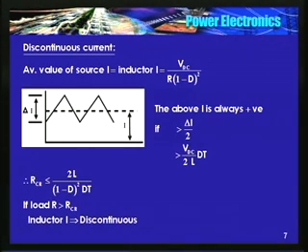Now I substitute and I'll get the critical value of the load resistance R. If the load resistance is higher than the critical resistance, the inductor current is going to be discontinuous.